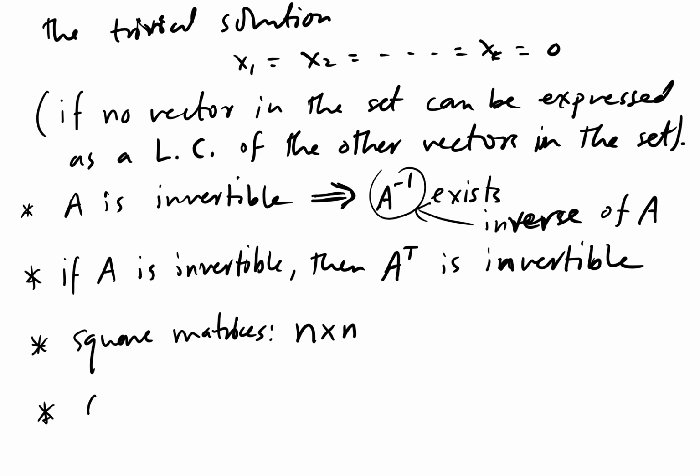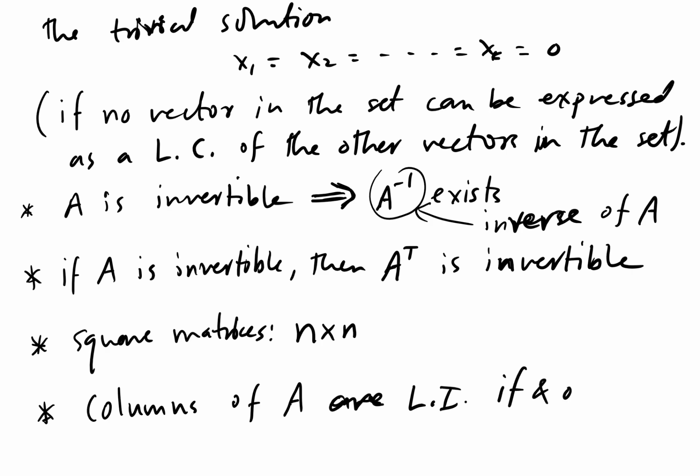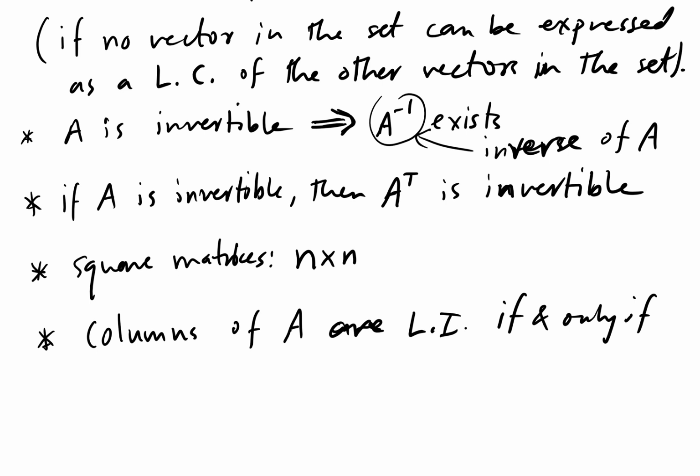What does it mean that the columns of matrix A are linearly independent? Columns of A are linearly independent if and only if A has a pivot in each column.